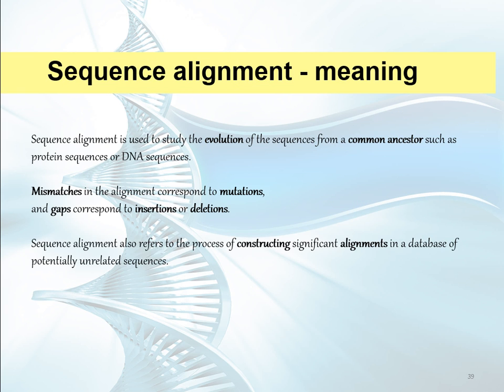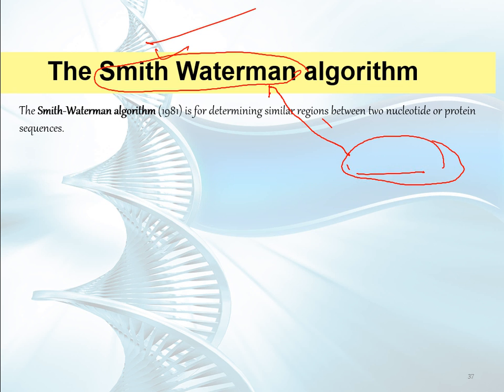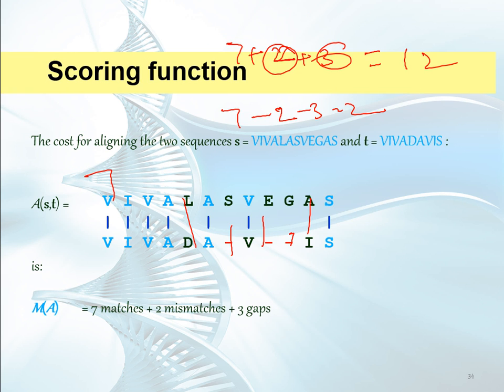Okay, sequence alignment is used to study the evolution of sequences from common ancestors, such as protein sequences and DNA sequences. Mismatches in the alignment correspond to mutations and gaps correspond to insertions or deletions. Means mismatch, as here we show, sorry for going there again, mismatch means this LD, S, sorry, no, SS, IA and VE.